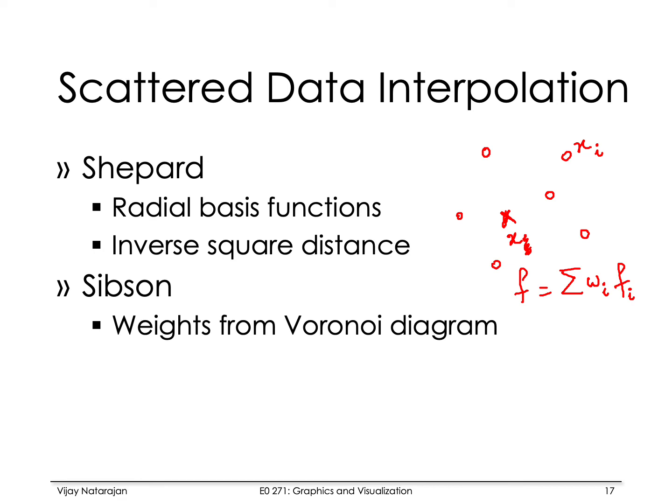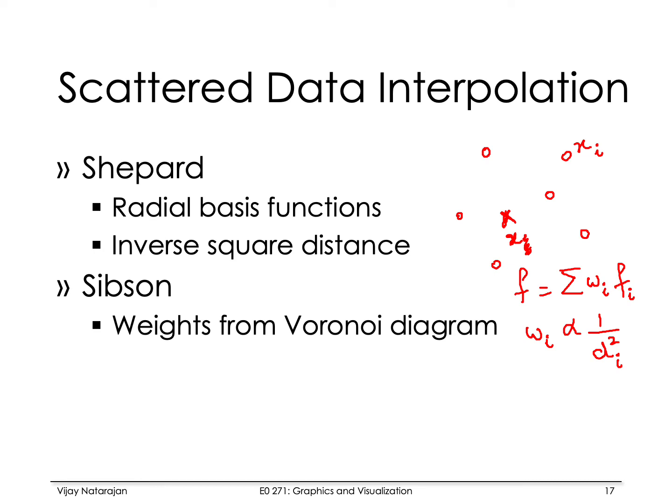The Shepard interpolant says that w_i, the weight associated with the ith point, is inversely proportional to the distance or the square of the distance from the ith point to the point x. So essentially what it says is points that are closer to x get a heavier weight as compared to points that are further away.